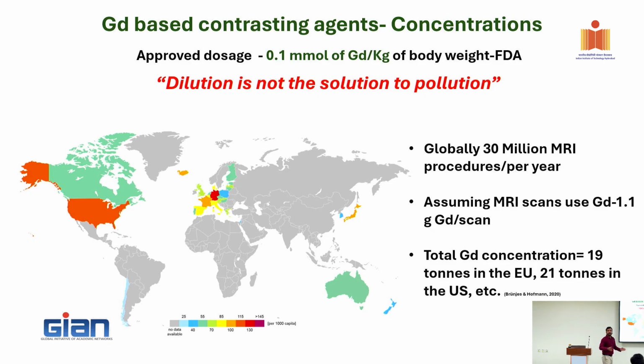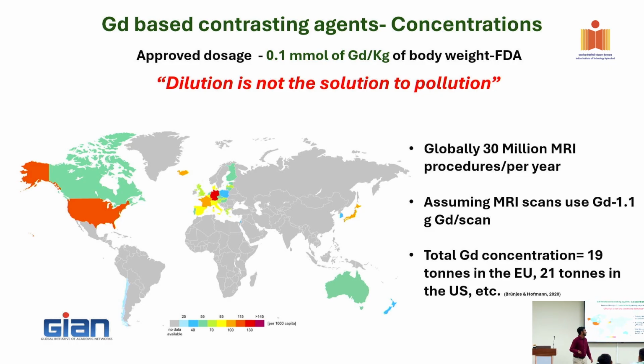If you see an overall mapping across the world, most of it is untracked data. For example, in Asian countries like India and China, we don't have enough data on how many MRI agents have been given, what their fate is, and how these MRI contrasting agents are transported. Plus, there are some Western countries, for example European countries, Canada, and the USA, that track each and every MRI contrasting agent. On average a human body takes 1.1 grams of gadolinium per scan.